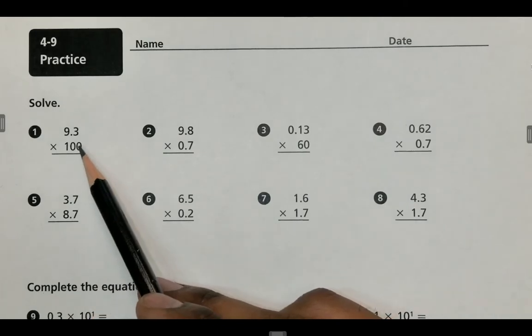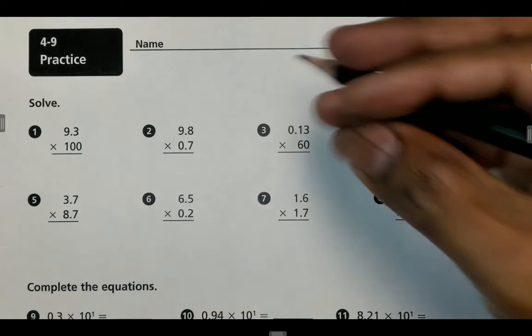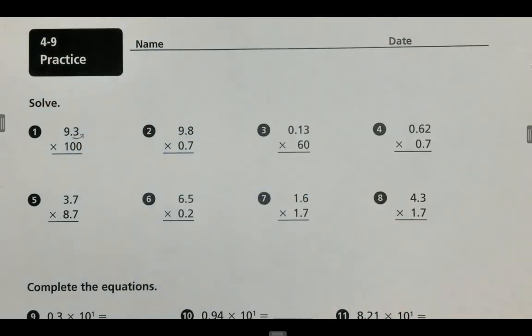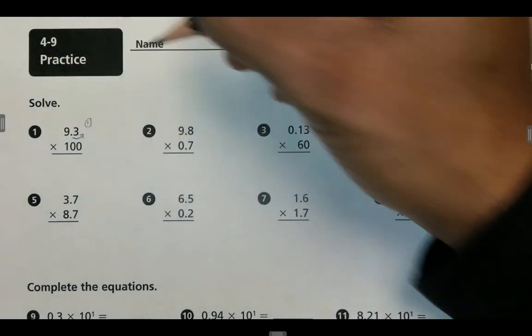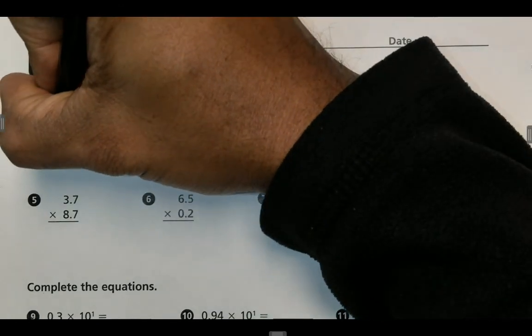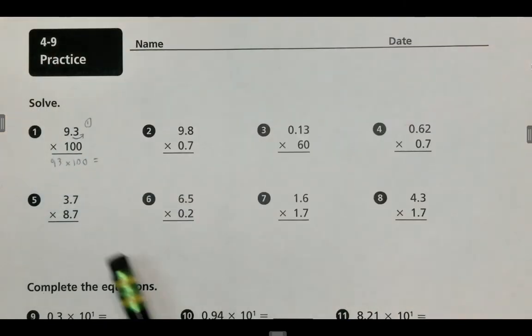Number 1, 9 3/10 multiplied by 100. Let's clear out our decimal point. One push will do it. 93 multiplied by 100. Can you do this as mental math? Well, let's cover up our zeros.